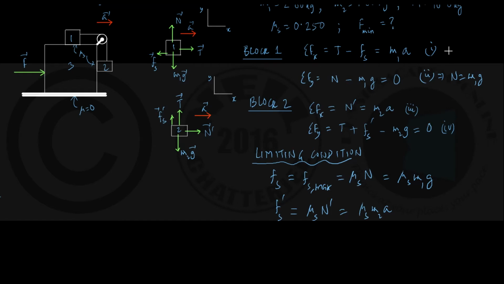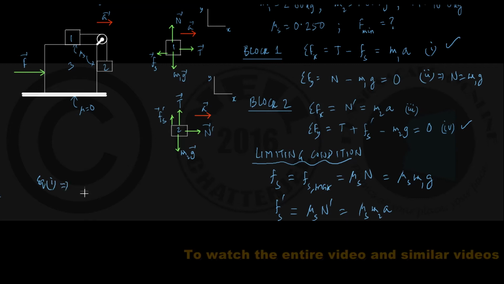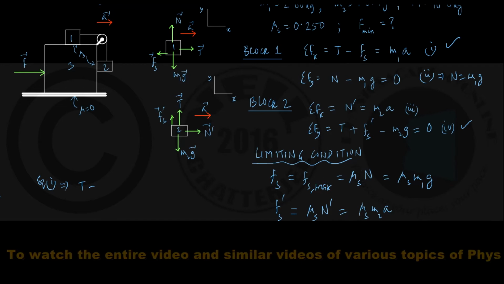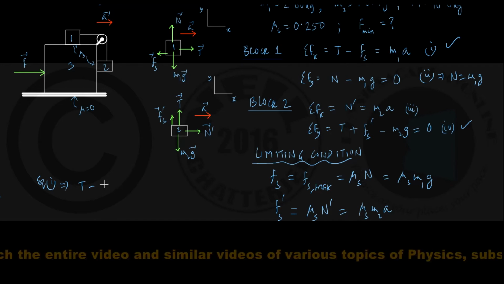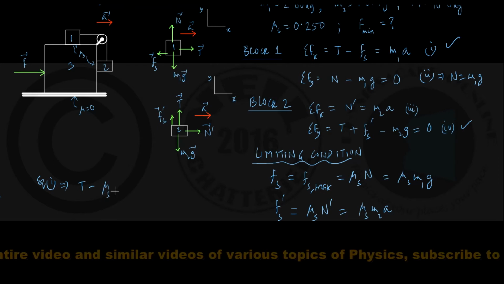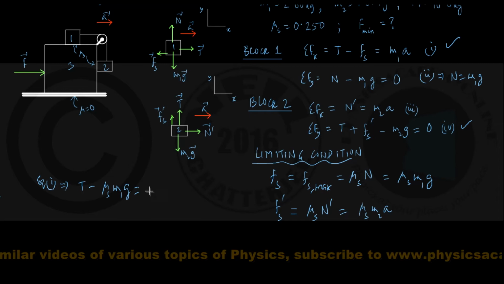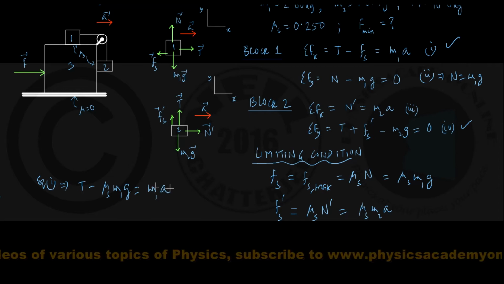So equation number 1 is this and equation number 4 is this, and let me write it here that equation number 1 is now becoming T minus, well, the value of Fs now, Fs max, I'm putting it, T minus mu s into m1g, that is equal to m1 into a.